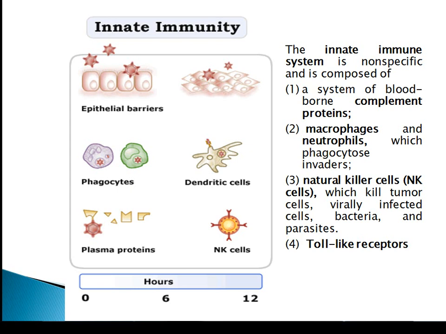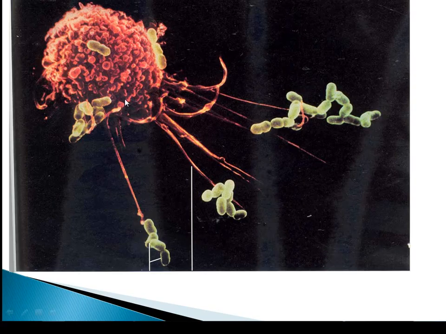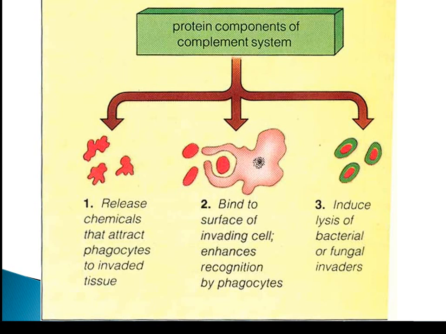They also have receptors that recognize carbohydrates that are not usually present on the surface of vertebrate cells. Here is a macrophage cell with a bacterium that it attaches to via specific ways.